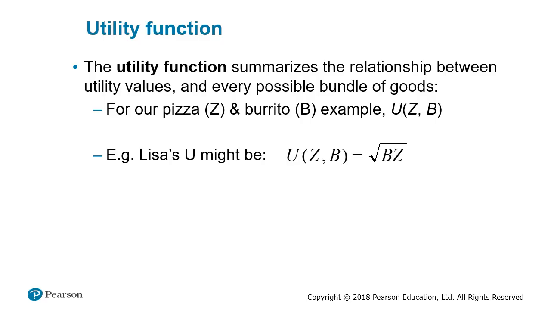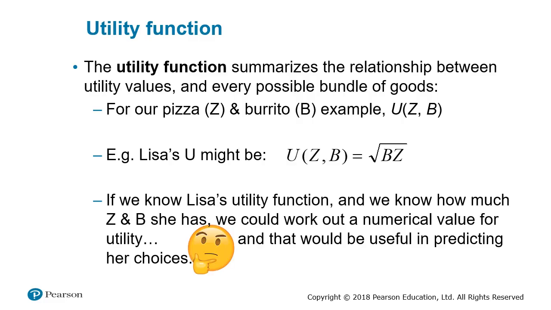We might be told, for example, that Lisa's utility function takes the specific form that utility is the square root of the product of burrito consumption times pizza consumption. If we know what Lisa's utility function looks like, and we know how much pizza and burritos she has, we could work out a numerical value for utility, and that would be quite useful in predicting her choices.